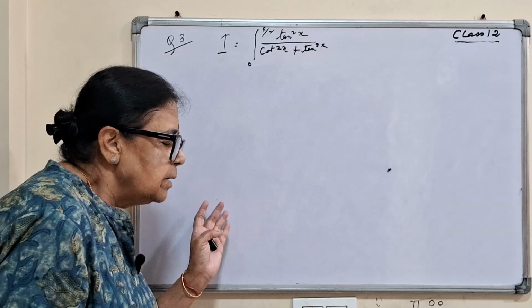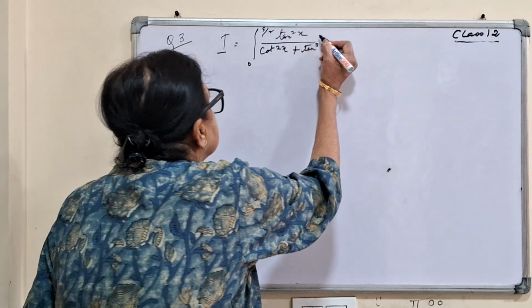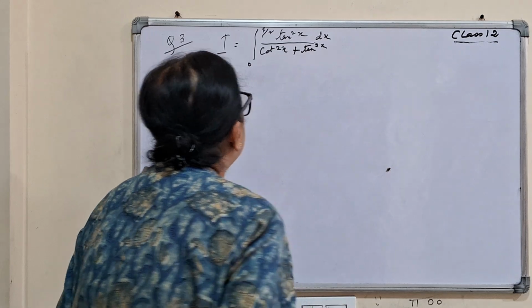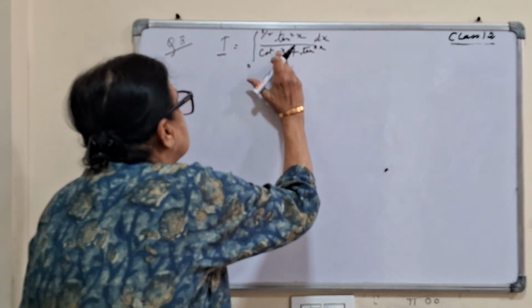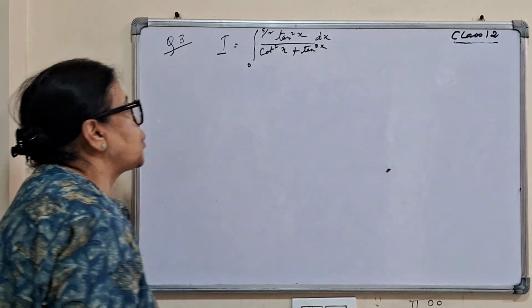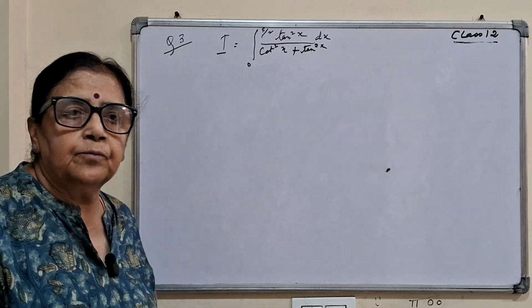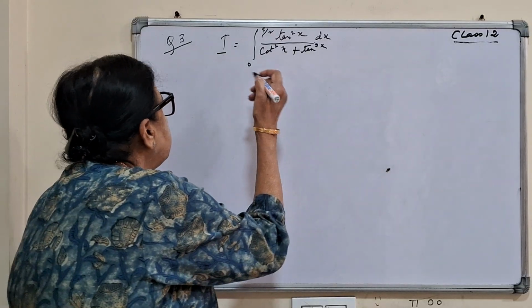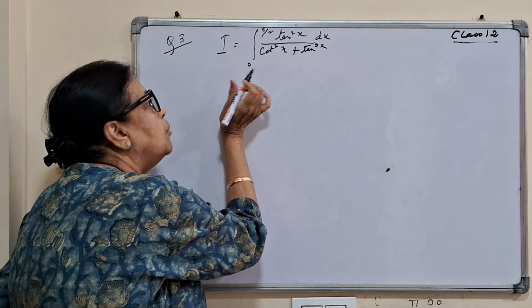Now here I have given a question: the integral of tan square x dx divided by (cot square x plus tan square x). Find the value of I. Now, what I will do, I can use the formula.